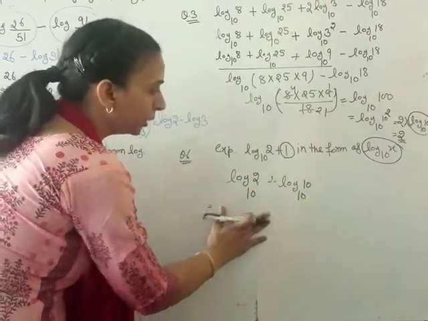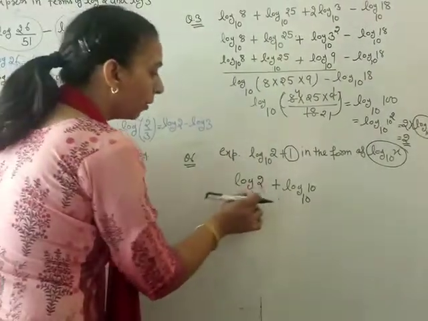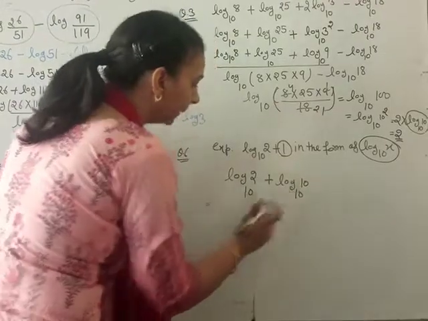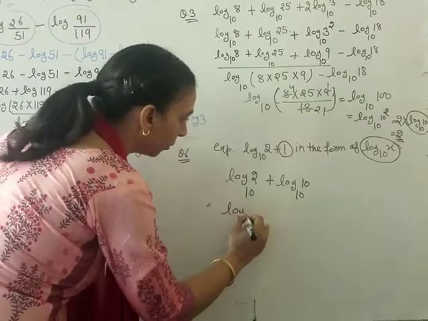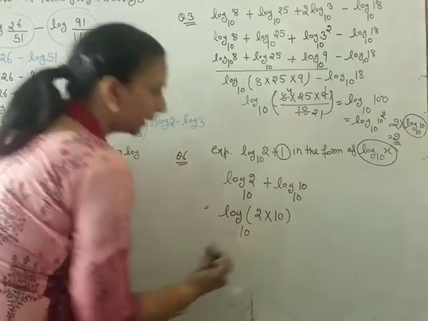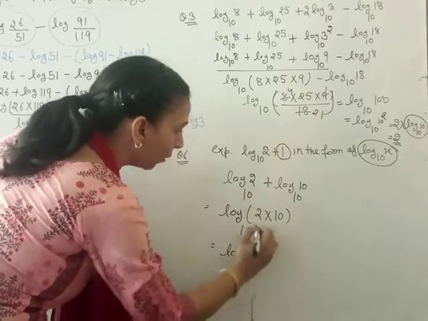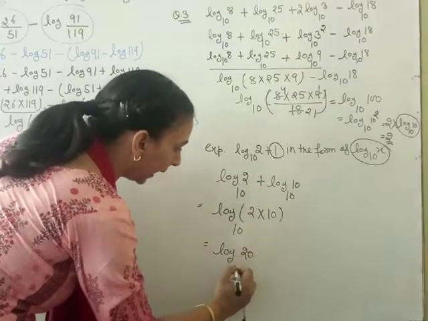According to the product law, log m plus log n, this equals log 2 multiplied by 10 at the base 10, which equals log 20 at the base 10.